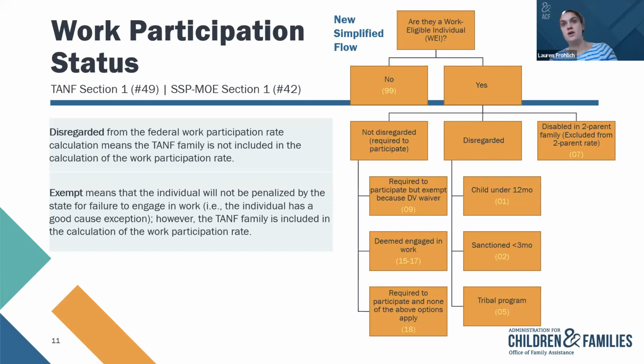And obviously, work participation status and work eligible individual are really important definitions for the work participation rate. So we want to take these data elements very seriously, be as clear as possible, and provide the technical assistance to help make sure everybody understands what they're reporting here.